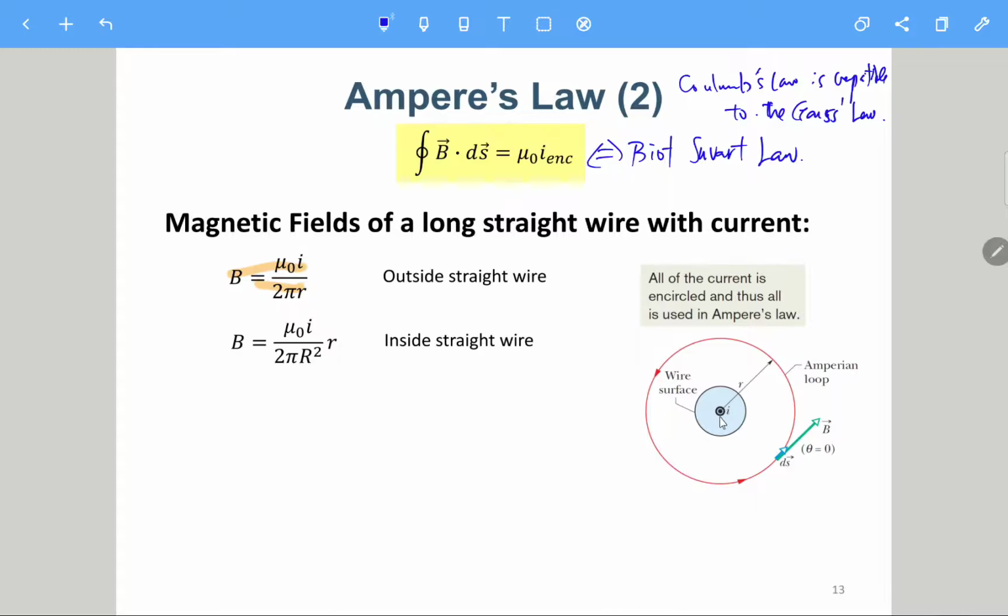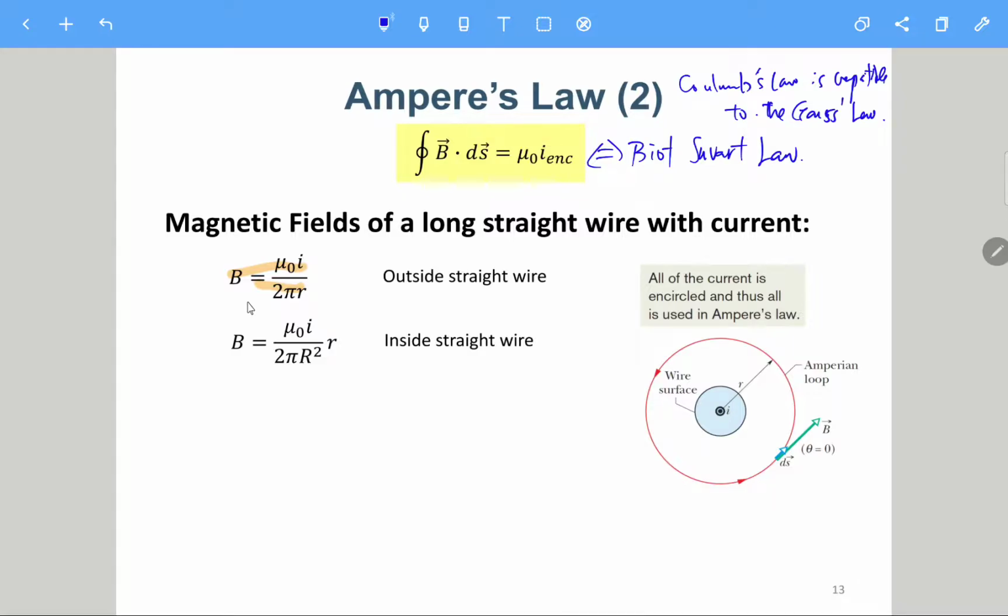We only draw a dot here, but it doesn't mean that the current is only at this point; it is in the whole blue area, the cross section of the wire. We define the Ampere loop with this red circle, counterclockwise, so in this case this current is a positive current.